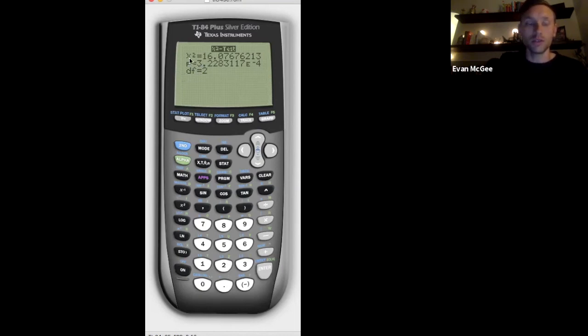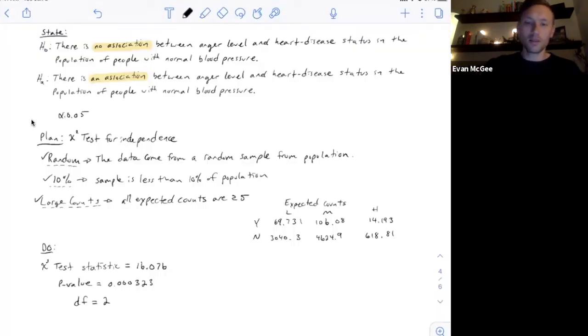I'll copy this to the notes, and I'll also go to matrix B where the expected values are. So hit second, matrix, and then over to edit just so I can see matrix B. Here are my expected values, so I need to copy these onto the notes as well. As you can see, I've copied over the expected counts, and you have to copy these over in a chart like this and show that each of them is greater than 5.